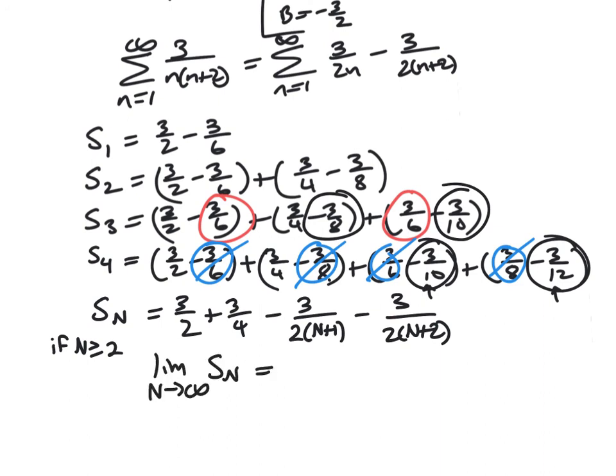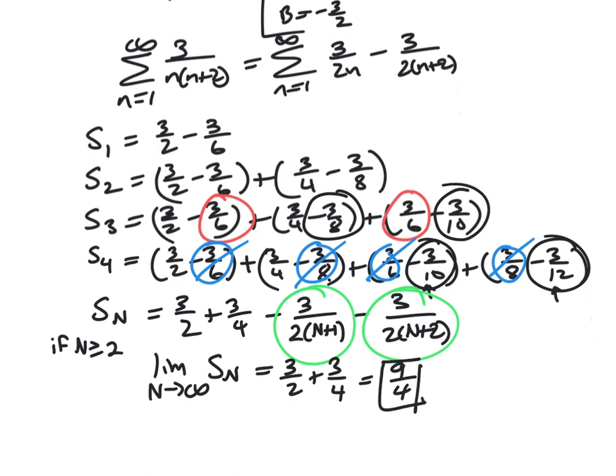Well, the two terms on the right here, the ones circled in green now, both go to 0 because the denominator goes to infinity. And so we're just left with 3/2 plus 3/4, which, if you want to get a common denominator, is 6/4 and 3/4, and so we get 9/4. And so in this case, we have a series that converges, and it converges exactly to the value 9/4.